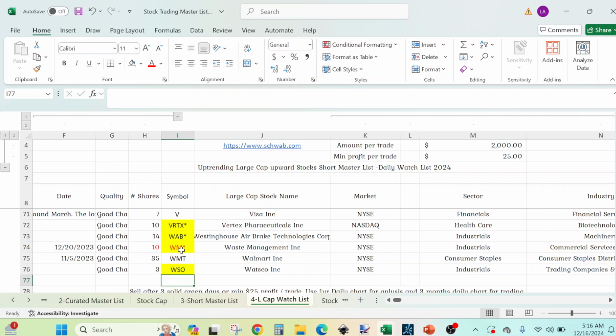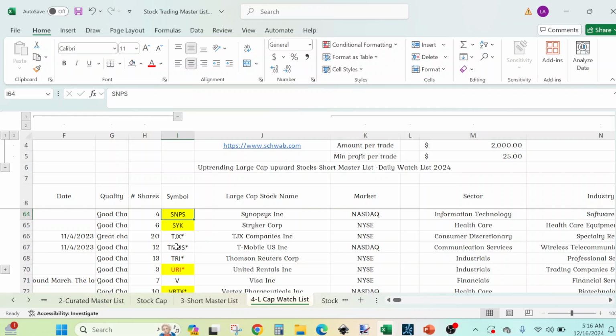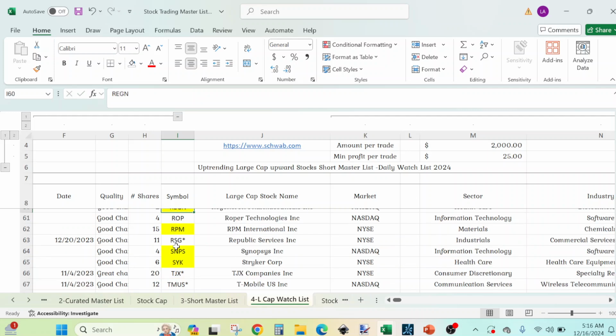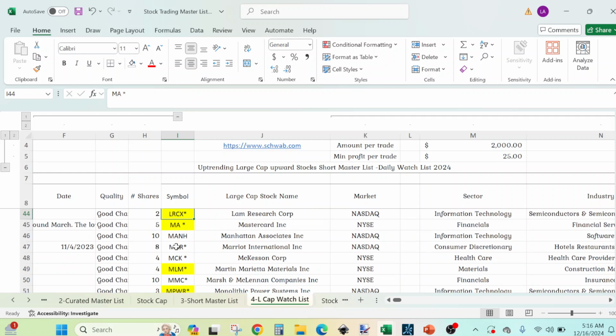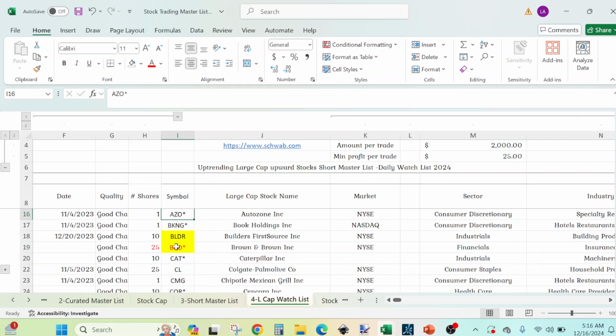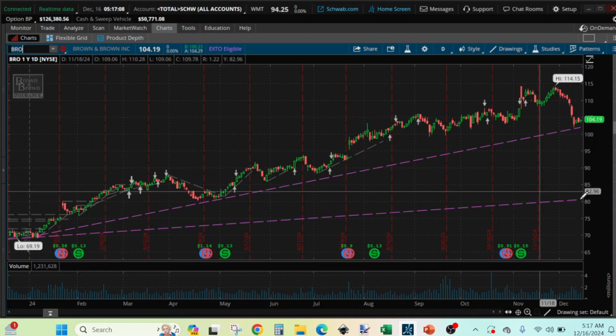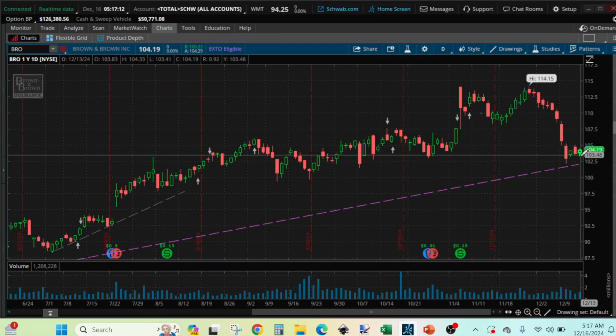Those are the ones we found: WM, URI, and BRO. Those are three. BRO, as you can see, is at the trend line, and we have the first green bar there.